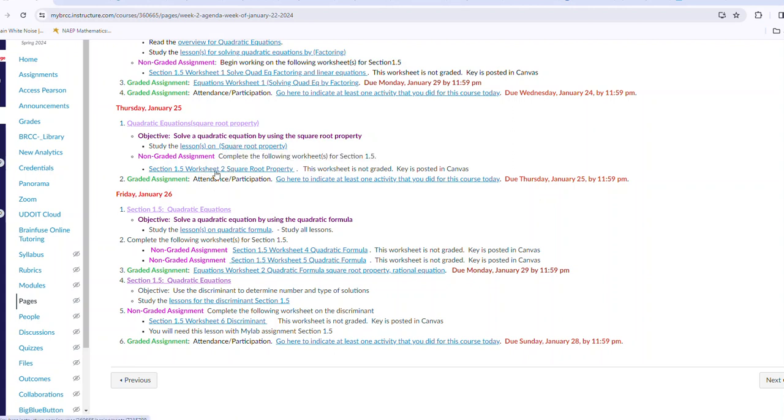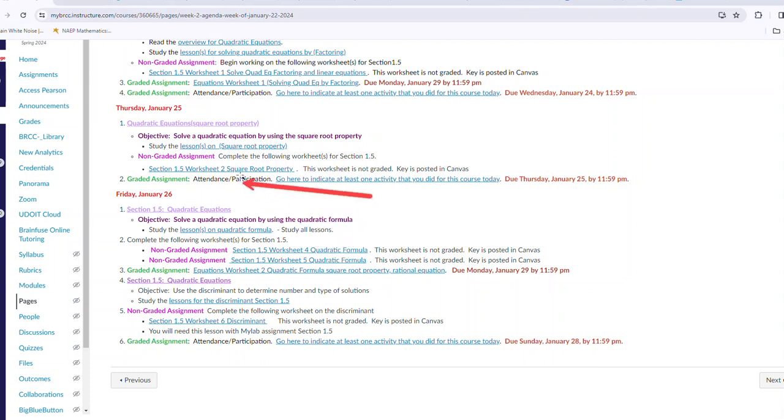These two non-graded ones and this one here should help you with this one, because it says square root property. So this was one that deals with the square root property. Use this and these two to help you with this. The lessons are here. Just click on this link, it'll give you those lessons.